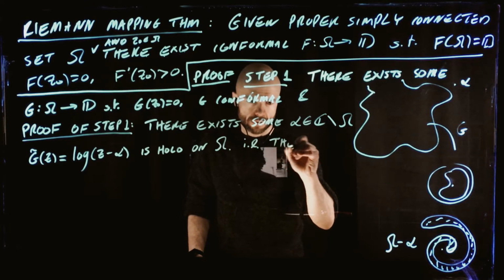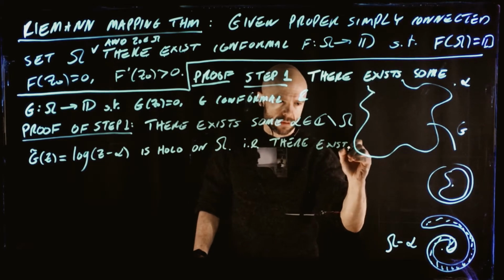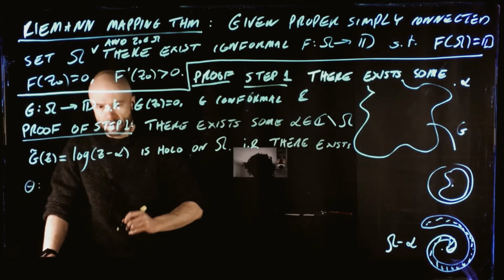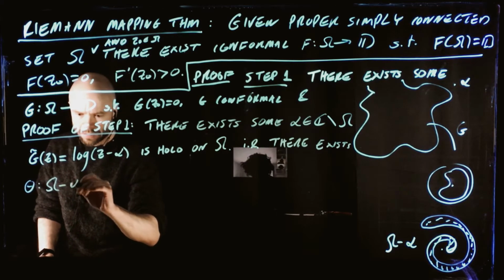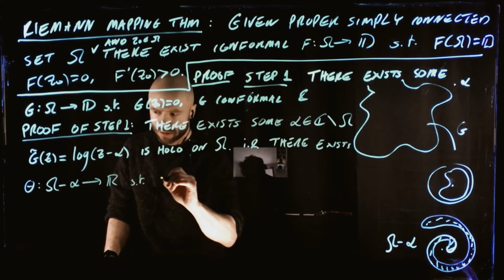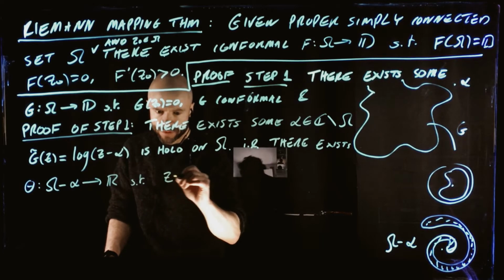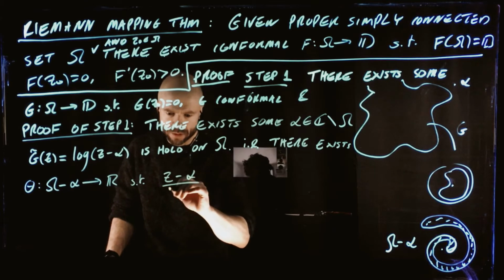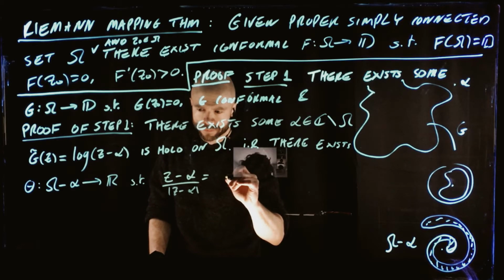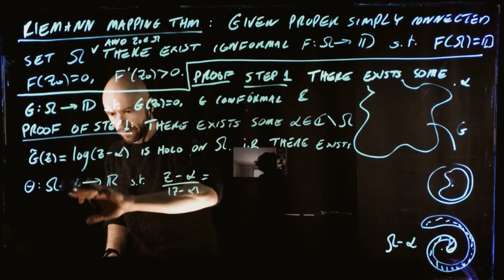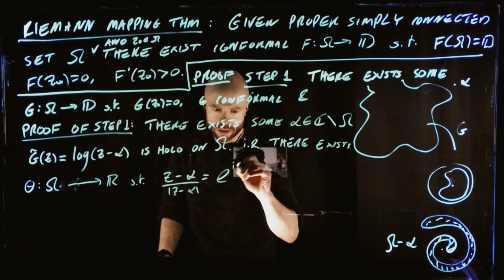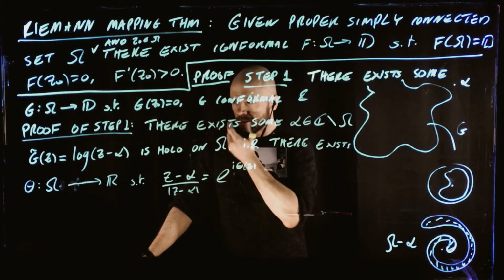So let's be a bit more specific, i.e. there exists some angle function, which I'm going to write like this, from omega minus alpha into the real numbers, such that z minus alpha over mod z minus alpha is equal to e to the i theta of z, like this.